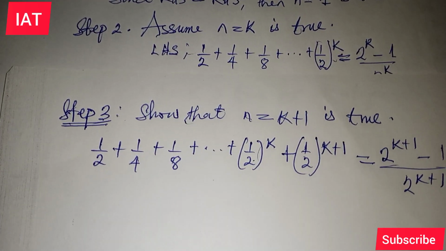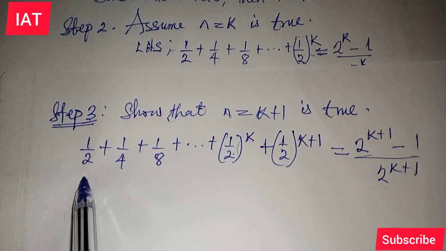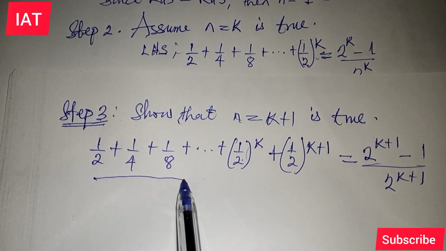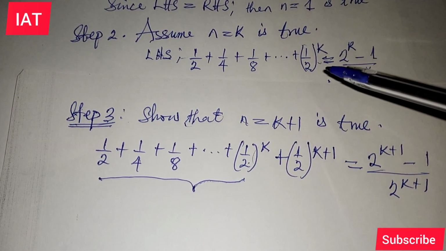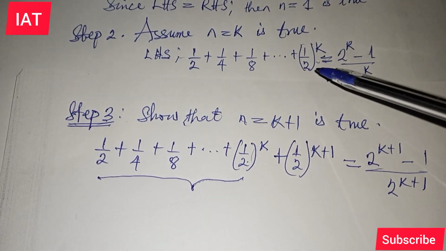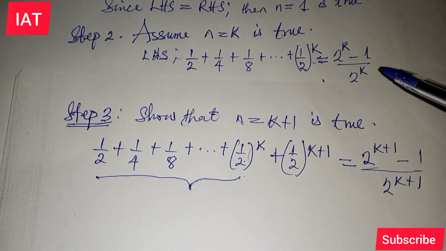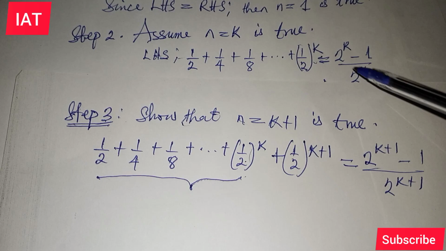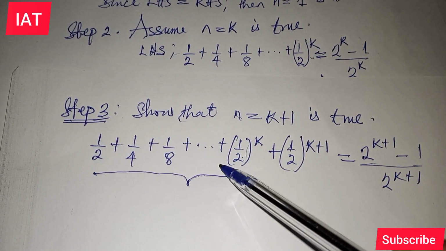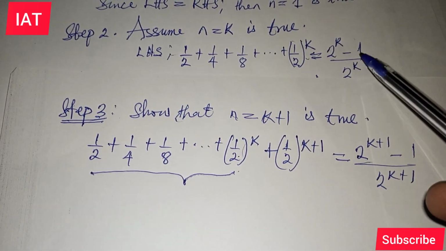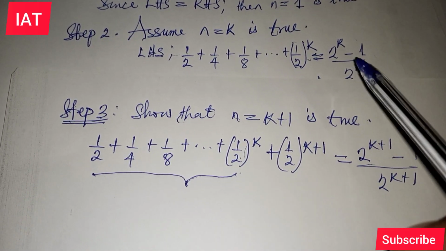But notice that the whole of this, from this point down to this point, which is essentially what we have here, gave us what you're having at the left hand side. So I'm going to replace the whole of this with this, because the whole of this is equal to this.